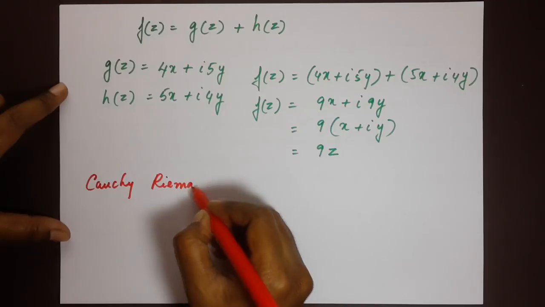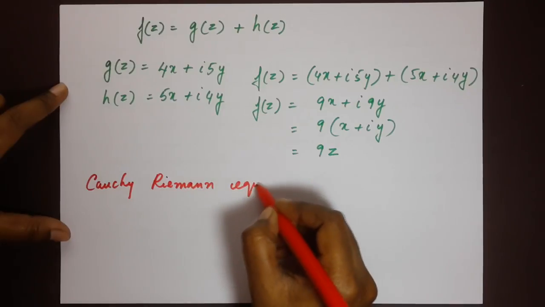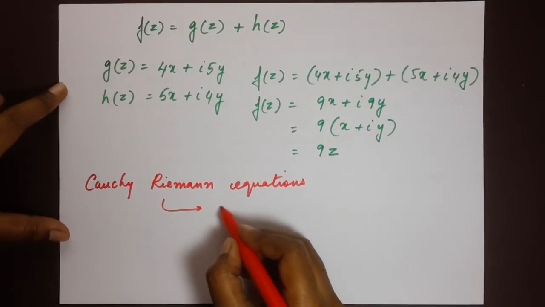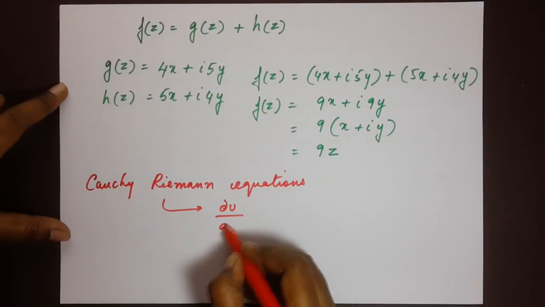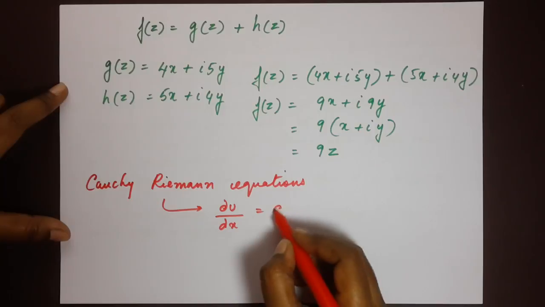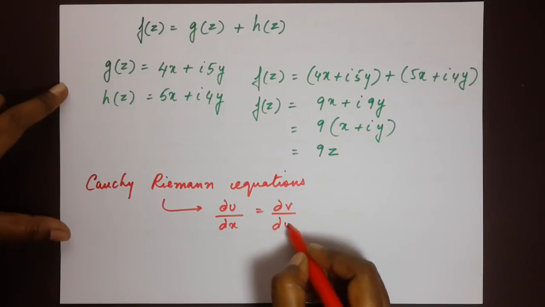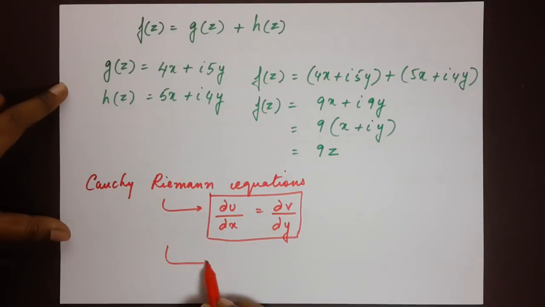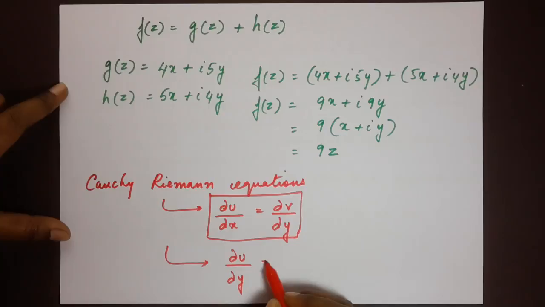We have two of them. ∂u/∂x = ∂v/∂y. This is the first. The second is ∂u/∂y = −∂v/∂x.